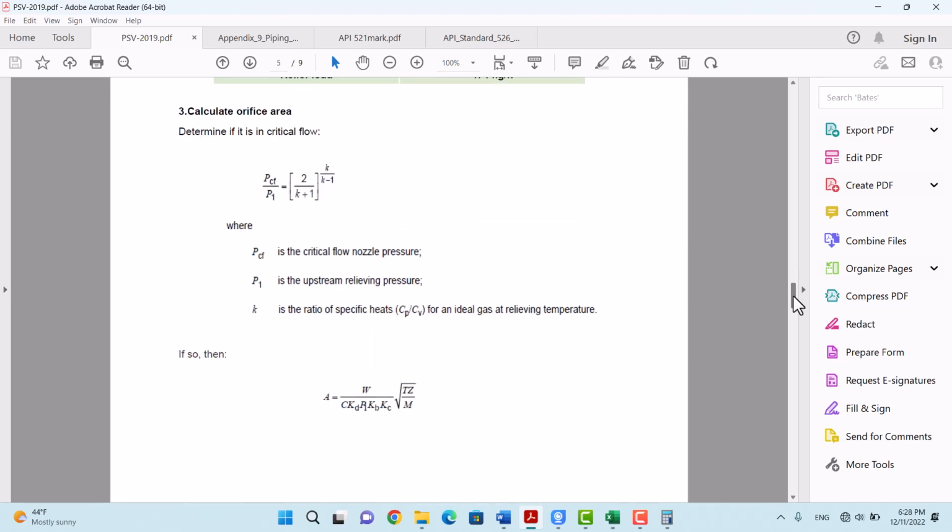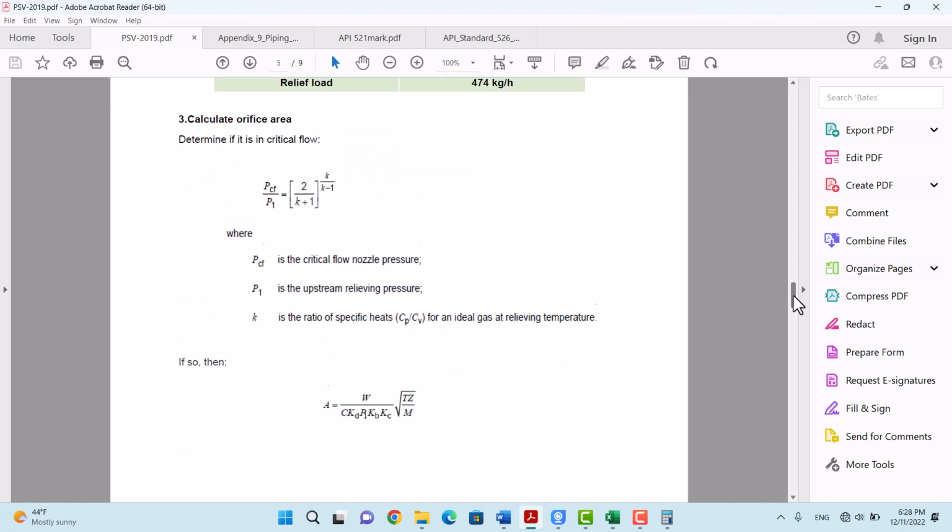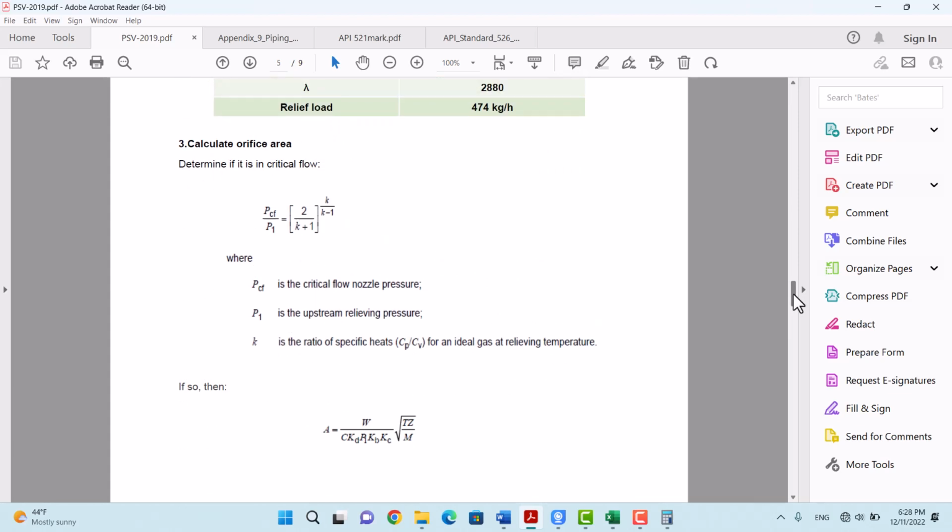After calculation of that, we calculated the orifice area based on the relief loads. We at first determined whether our flow is in a critical or subcritical situation. We used this equation, calculated this ratio, and then decided that it is in critical conditions.